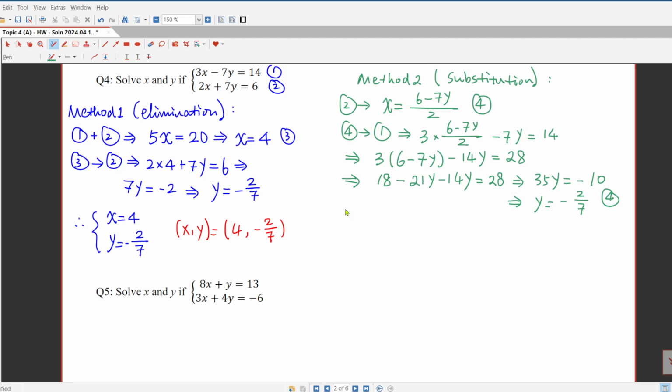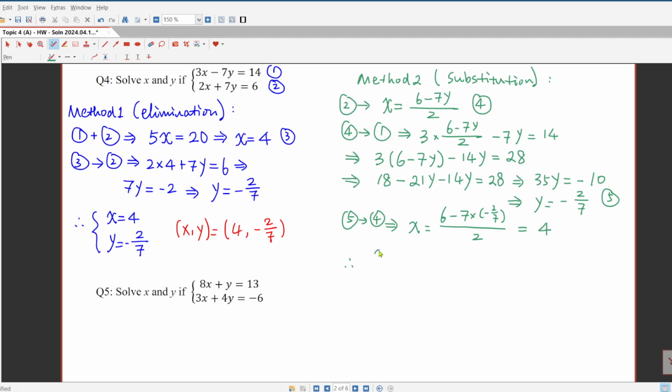And let's call this equation number 5. Then put 5 back into 4. This will give you x equals 6 minus 7 times negative 2 over 7, divided by 2. And this means x equals 4, right?